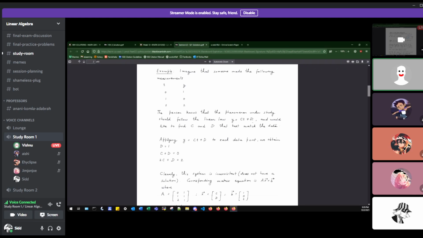And you solve this system of equations using least squares. A transpose A x hat equals A transpose b, and you solve this by multiplying both sides by the inverse of A transpose A and so on. This is an illustration of it. The actual data points would be these 3 points, and the line of best fit would be this line.